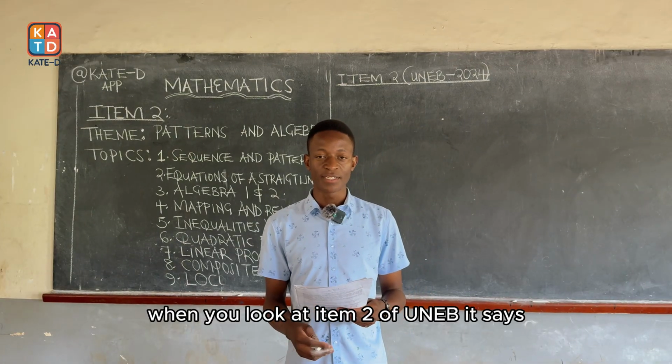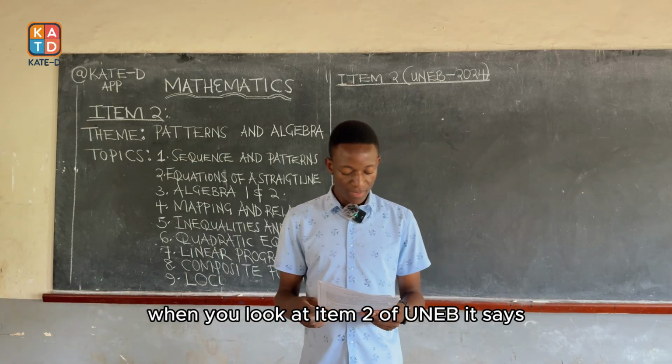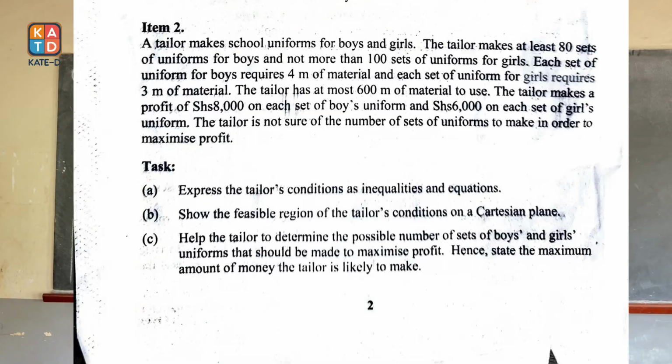When you look at item 2 of UNEB, the scenario says that a tailor makes school uniforms for boys and girls. The tailor makes at least 80 sets of uniforms for boys and not more than 100 sets of uniforms for girls. Each set of uniform for boys requires 4 meters of material, and each set of uniform for girls requires 3 meters of material.